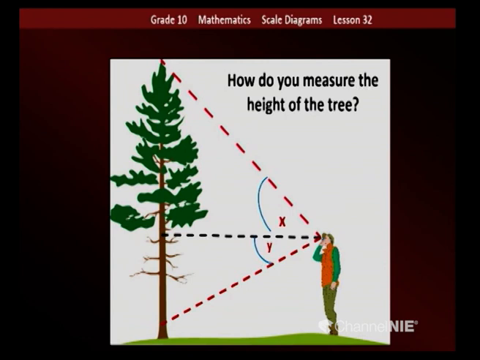Now the problem is, though we know the value of magnitude of x and y, how do you measure the height of a tree? Can you use a meter ruler? Can you use a measuring tape? It is difficult. So, what shall we do?